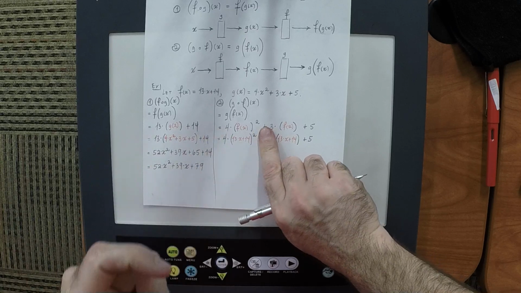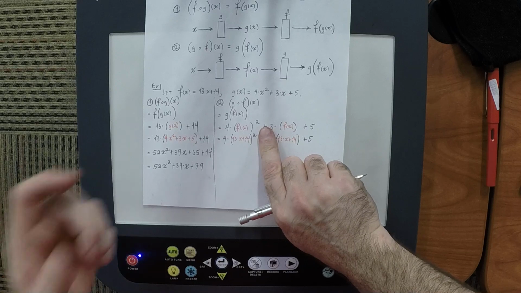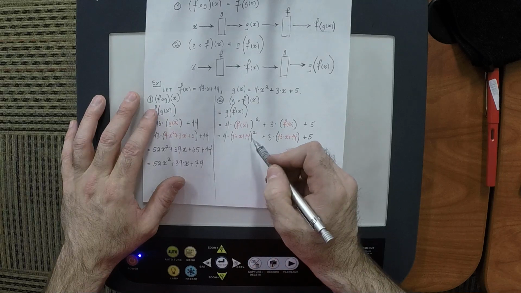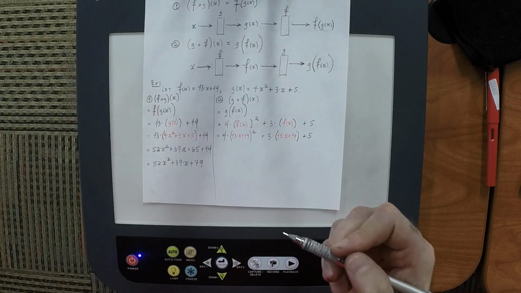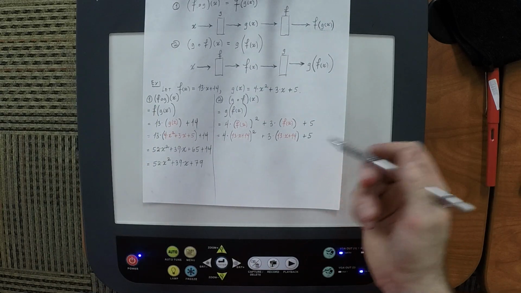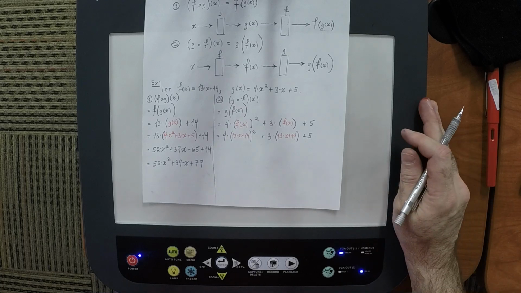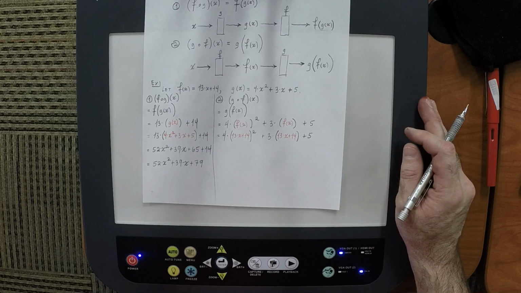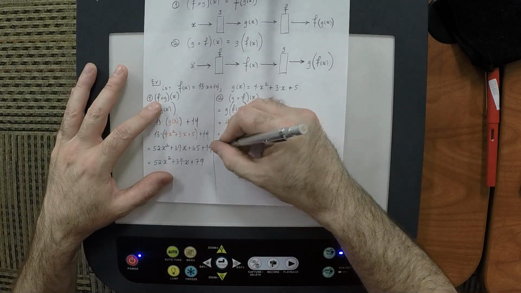But the 2 is saying I want to be an exponent, and this 4 is saying I want to be a multiplier. So the order of operations says the square occurs first. Okay, so then you can either remember the formula for the square of a binomial, a plus b all squared, or you can FOIL it out in your head, whatever you like. I'll FOIL it.